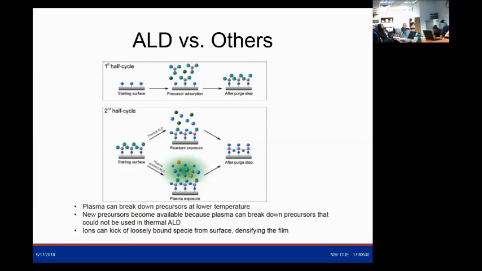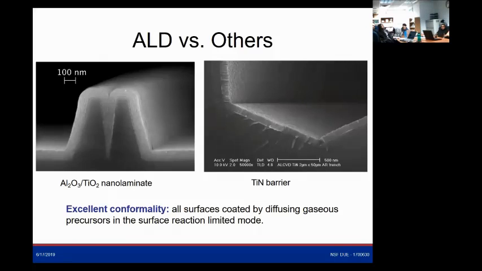It's too slow, layer by layer, atomic layer by layer. And plasma will facilitate that reaction faster, so that you don't have to wait for too long to have the whole surface covered.